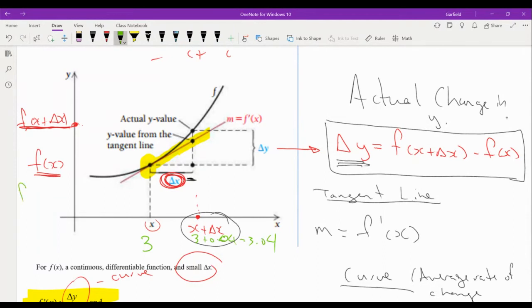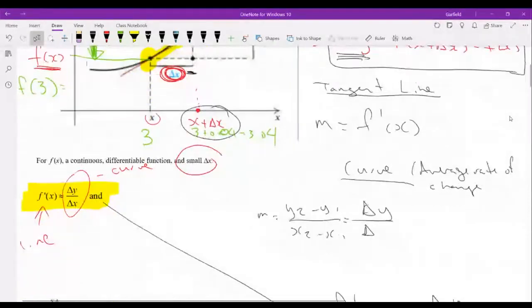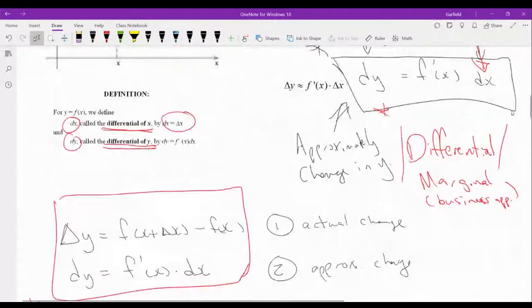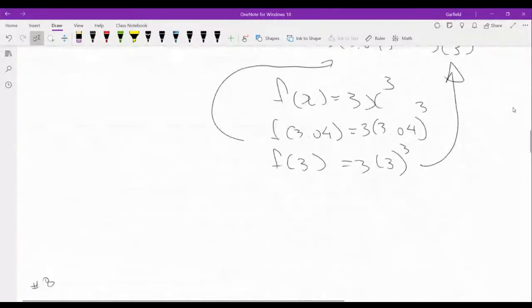So to find the y value, we're finding f of 3, and we're finding f of 3.04. That's what we're trying to do to get the two different y values. And if we have the two different y values, then we can find delta y by subtracting them. So that's all we're trying to do, just find the y values.